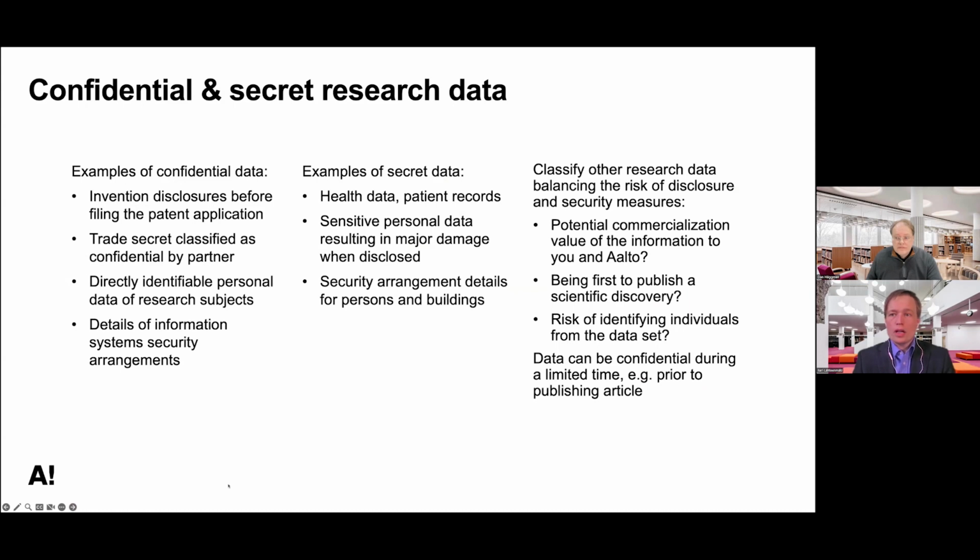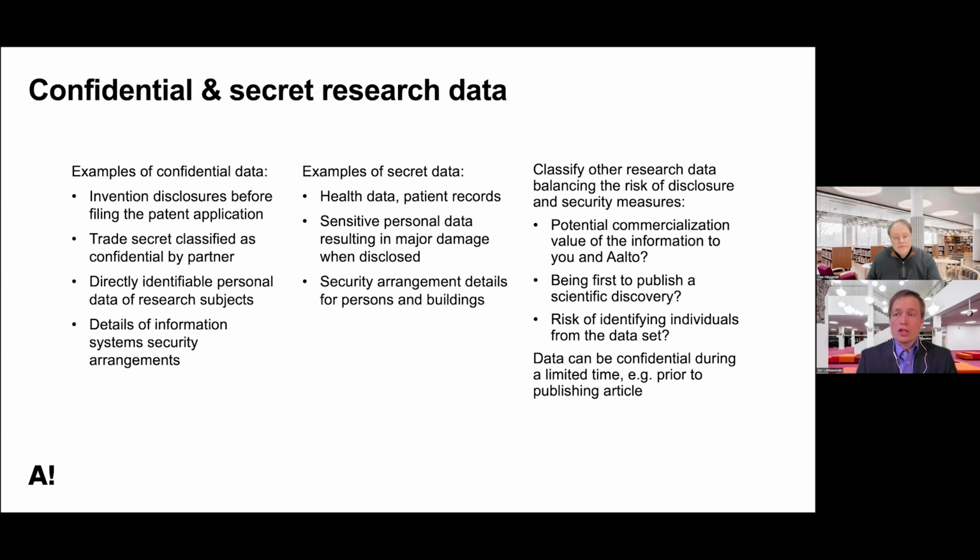So, examples for confidential data. It might be something like invention disclosures before we file the patent application. So if some invention happens during the research, it should be kept confidential until the patent application is out. And when doing research with partners, there might be some trade secrets involved, at least with companies.